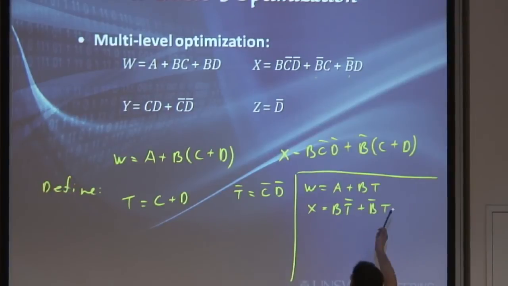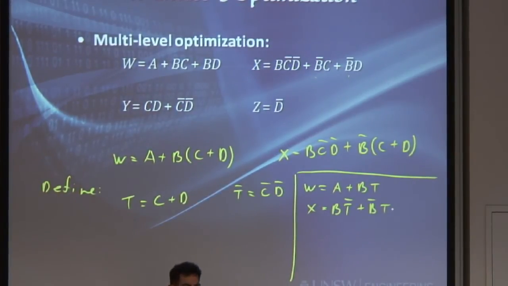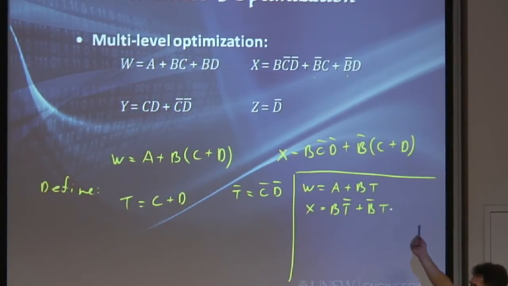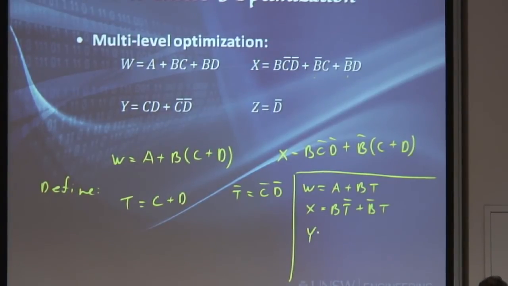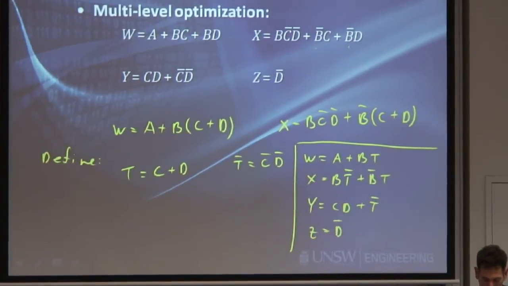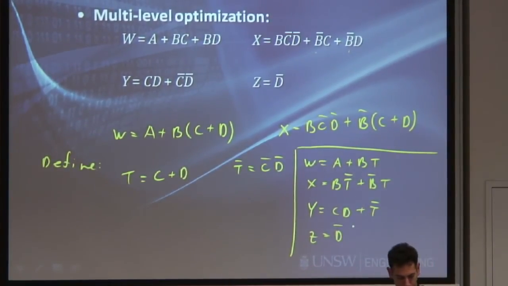So as I said several times, when you see this expression, immediately you should think XOR. So this will come up quite a bit. Just remember that. With Y, we have C, D, or not T. And Z is just what we had before, which is D.